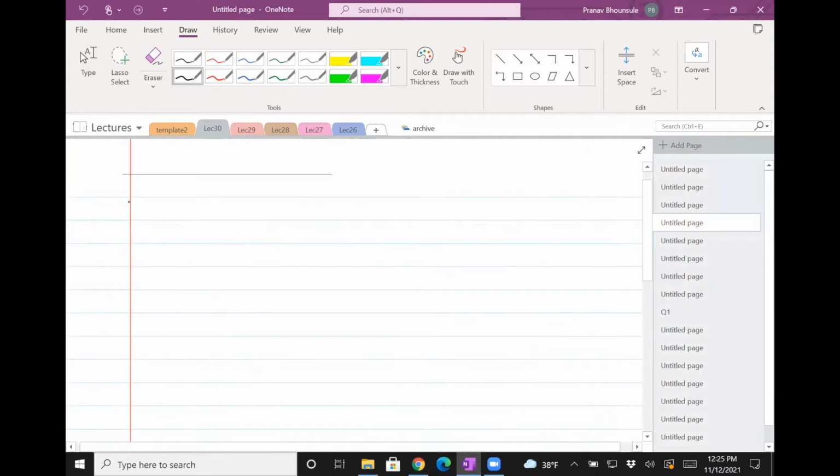So next one, the third one, is Soderberg.